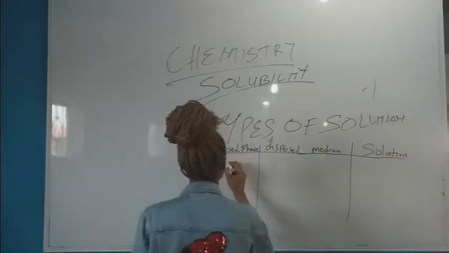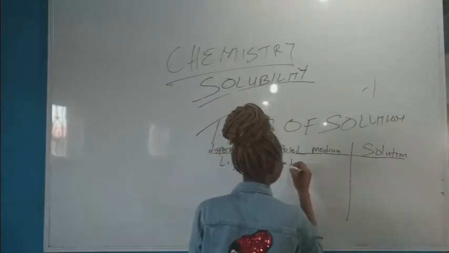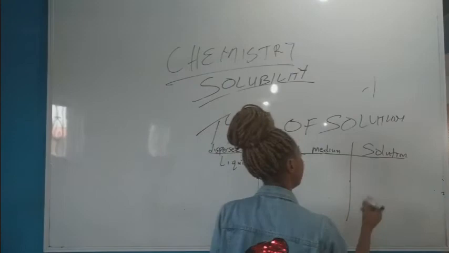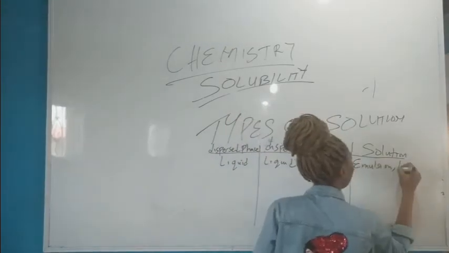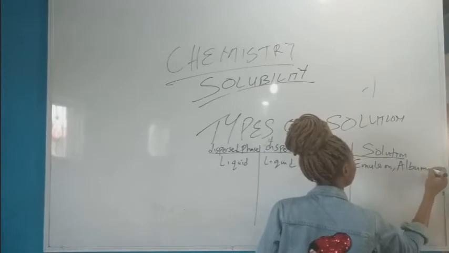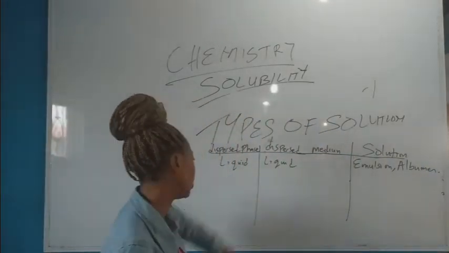So when we have a liquid into another liquid, there is nothing it will give us other than emulsion, like albumen. I think we know what albumen is. These are the solutions it will give us when liquid is dissolved into another liquid.